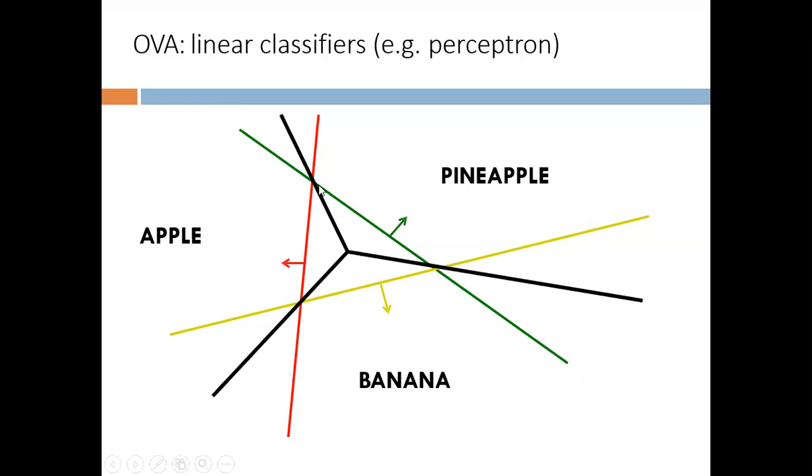The solid black line indicates the reconstructed decision boundaries of the three binary classifiers. With this reconstruction, we can perform the correct classification of the new test instances. The first test instance will be classified to the apple class and the second test instance will be classified to the banana class.